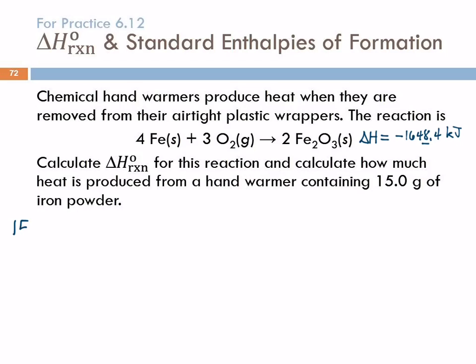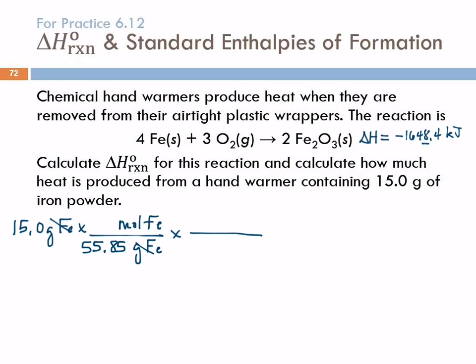We're going to take our 15 grams of iron powder and convert that to moles of iron. So I want the molar mass of iron down here, I believe it's 55.85 grams. And grams of iron cancel out.